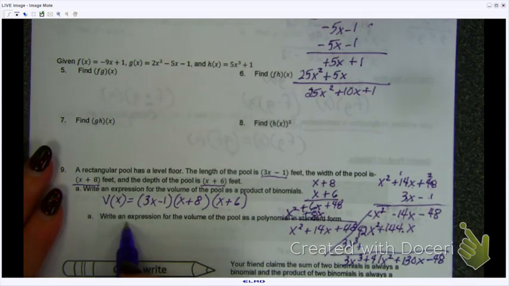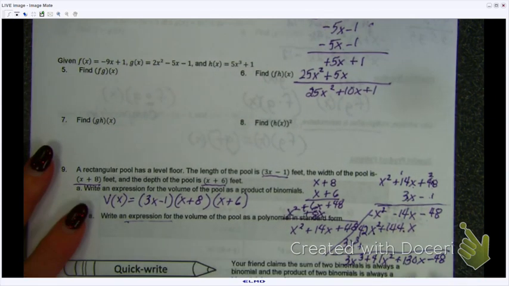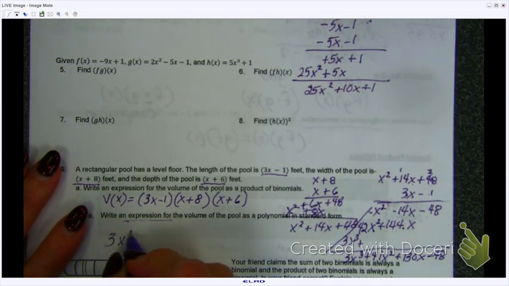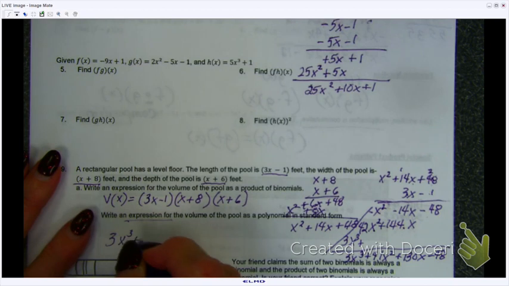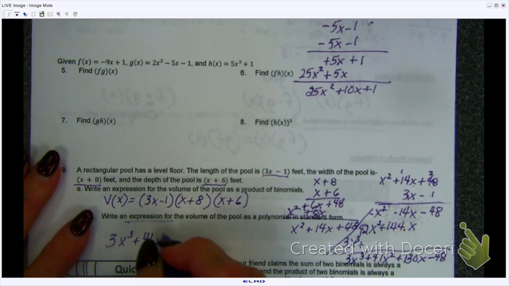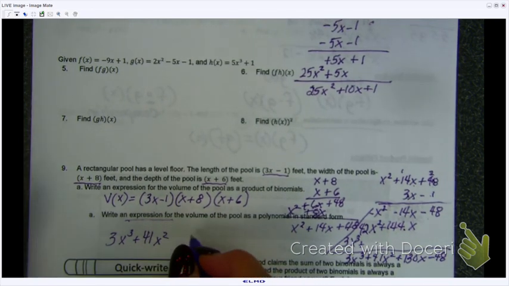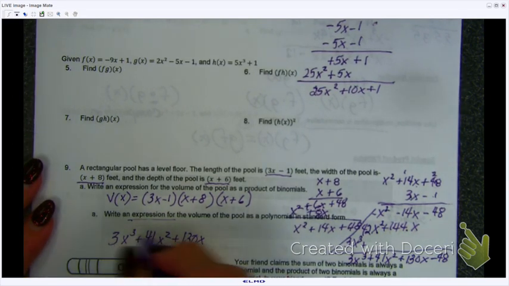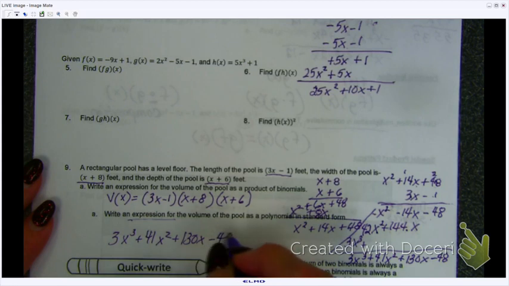So this part says write an expression in standard form. So that's what we've done. 3x cubed plus 41x squared plus 130x minus 48.